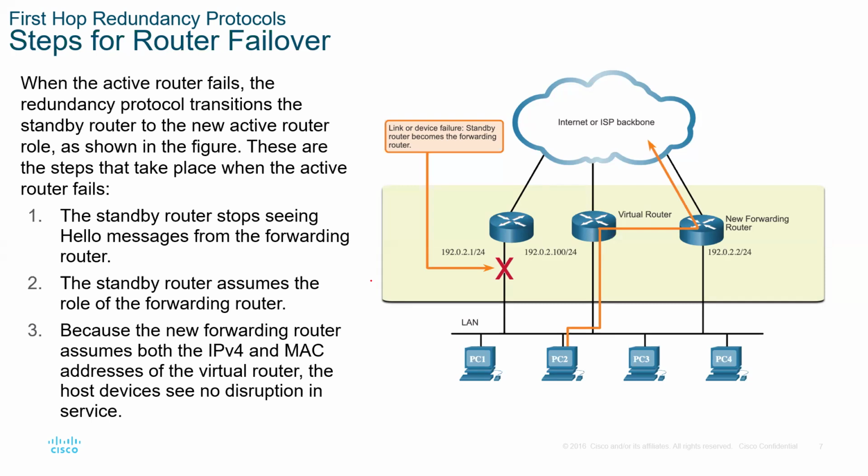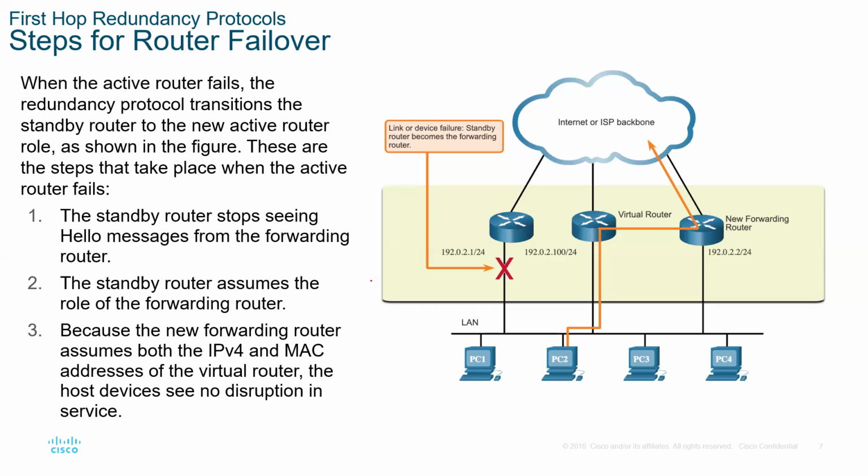All right, steps for router failover. When an active router fails, the protocols transition the standby router to the new active router. The steps that follow: one, the standby router stops seeing hello messages. Then the standby router assumes the role of forwarding router. Because the forwarding router assumes both the IPv4 and MAC addresses of the virtual router, the host device sees no disruption in the services.